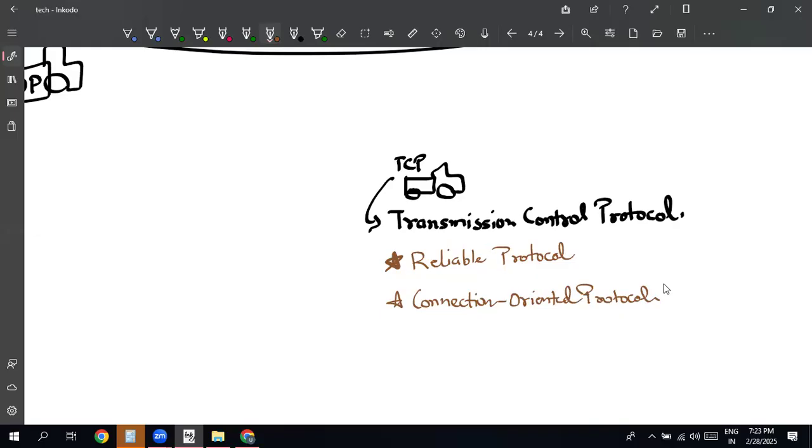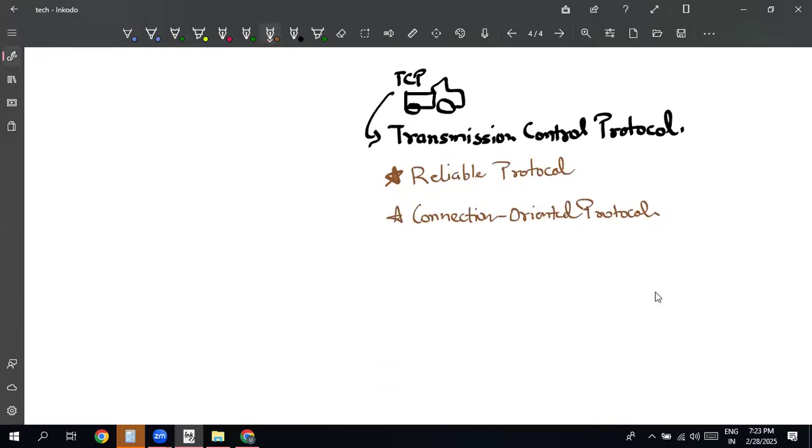With the help of this feature of reliability and being connection-oriented, TCP always ensures reliable, ordered, as well as error-checked delivery of your data. Let's look at the key features of TCP.